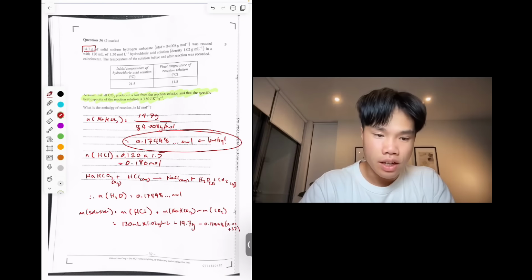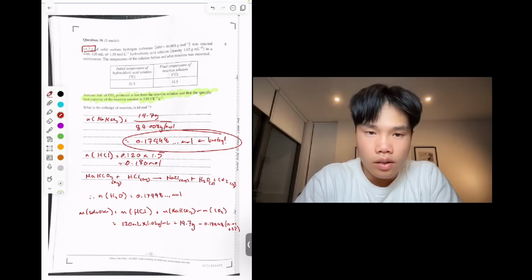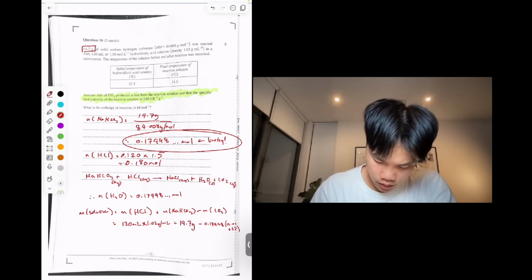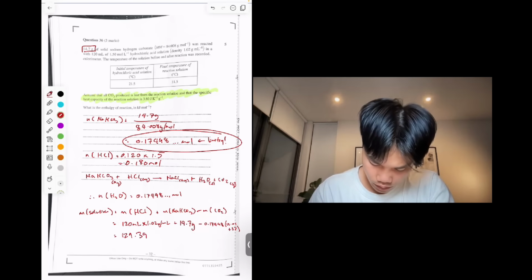So processing that in the calculator, you end up getting 129.39 grams.